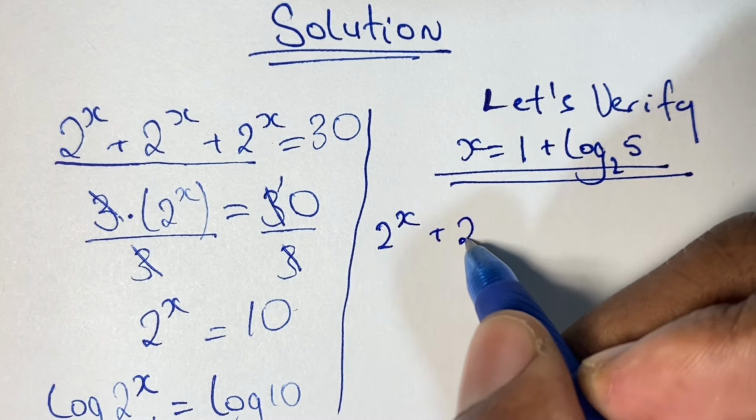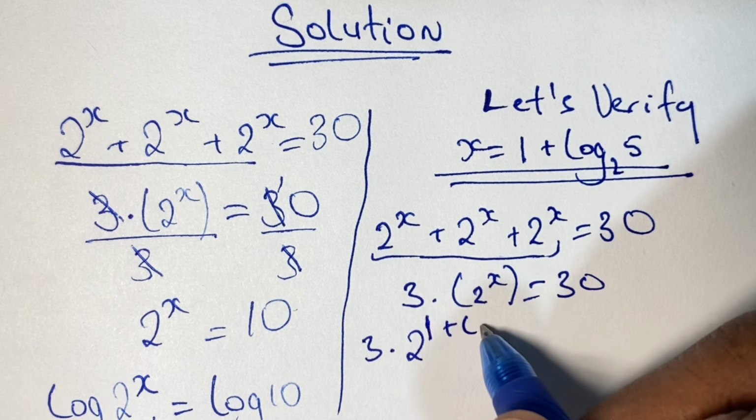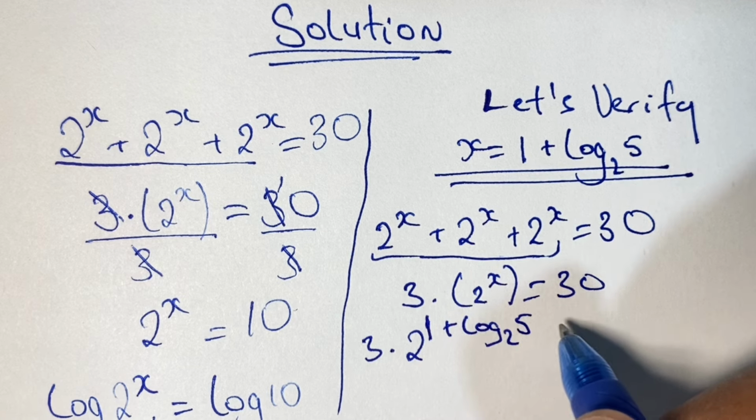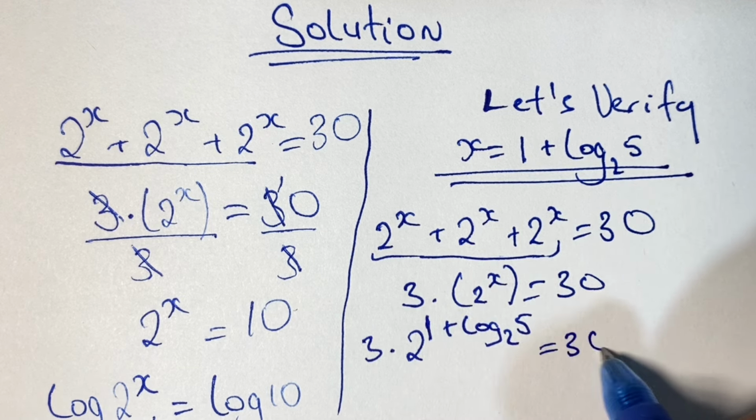And like before, we said that we could simplify this as 3 times the value of 2 to the power of x equals 30. Now, given the fact that we have the value of x, we could just rewrite this using what we have for x. So that means we would have 3 times 2 to the power of 1 plus log base 2 of 5 equals 30.